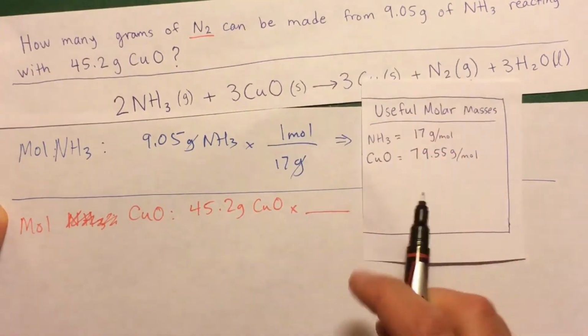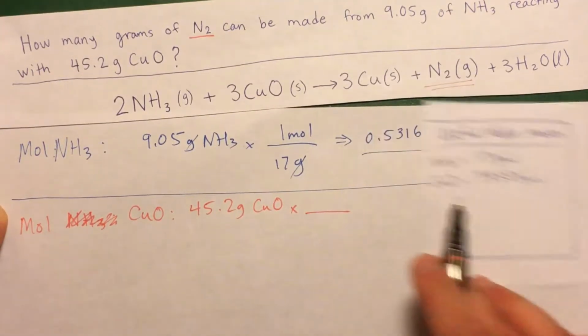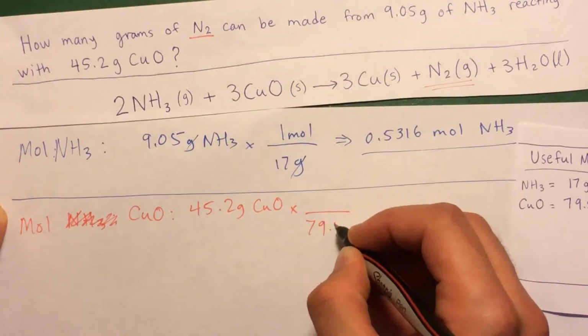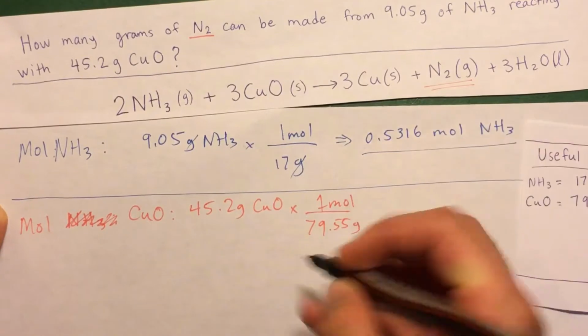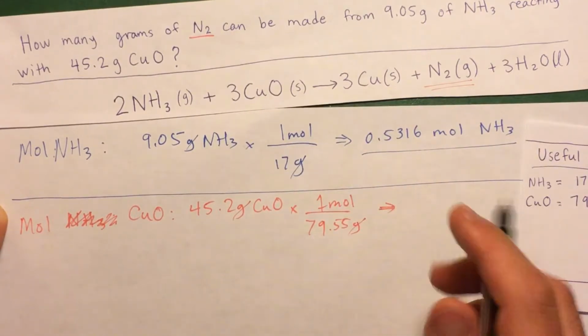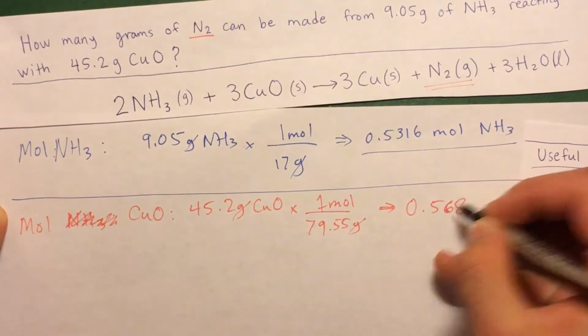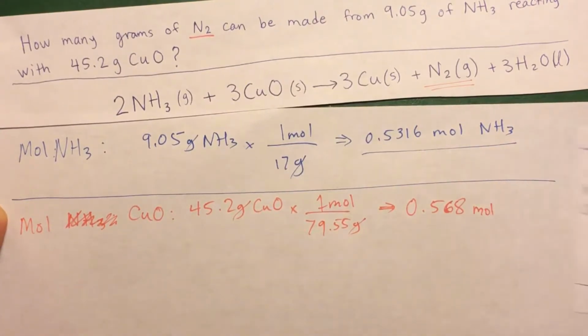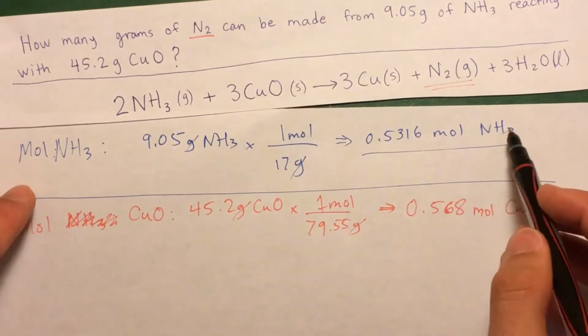Well, we have 79.55 grams per mole, so we put 79.55 grams on the bottom and 1 mole on the top. The grams cancel out, and once you punch that into the calculator, you're left with 0.568 moles of copper oxide.